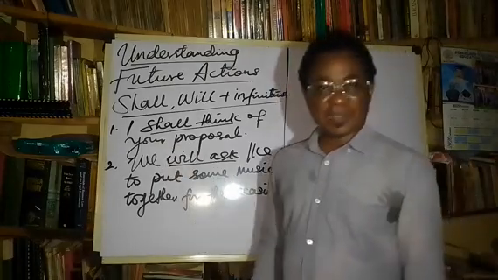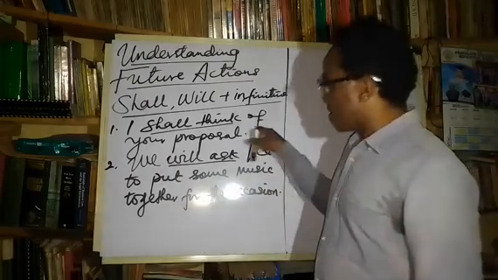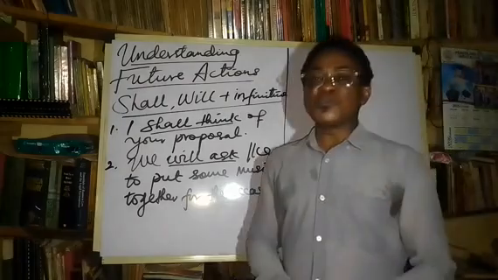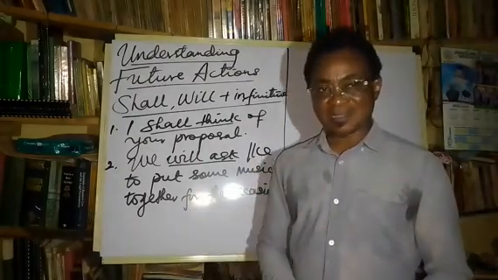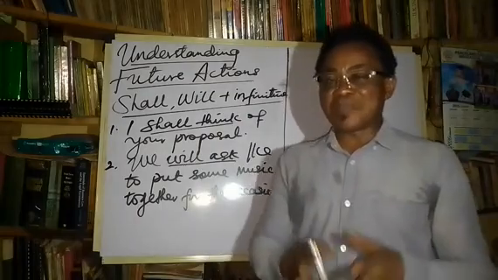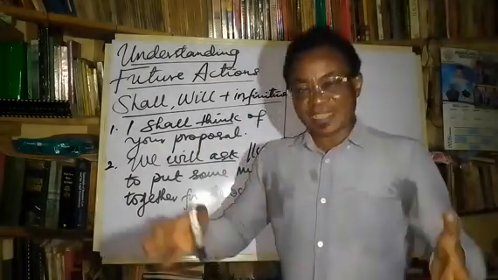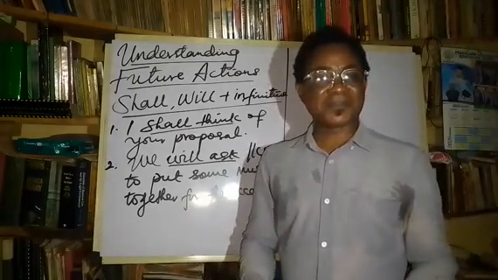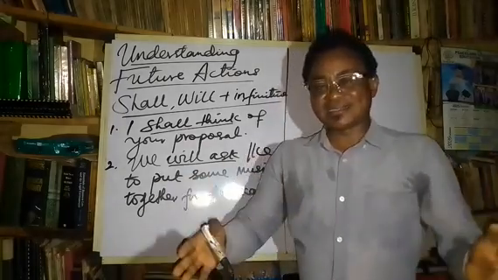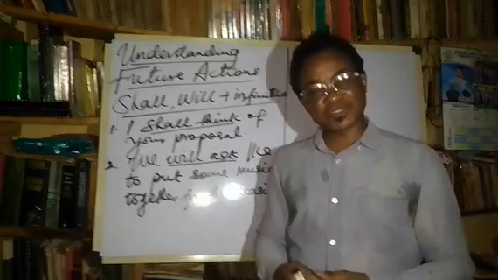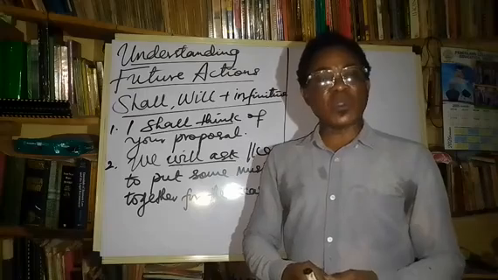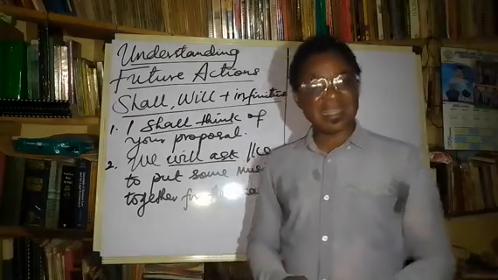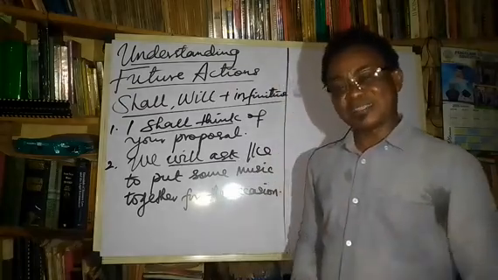If I say to someone, I shall think of it, what I have expressed is called future probability. That means I may or may not think of it. It is not a promise. There is no willingness attached. There is no undertone of willingness to what I have said. I have not made a promise to my listener.